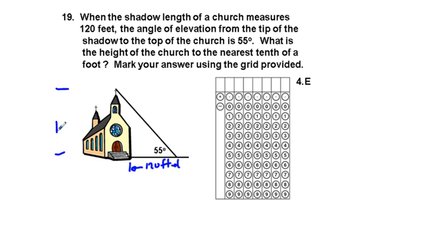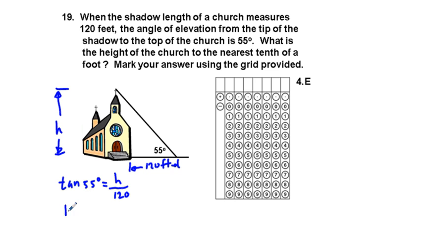So here's our height. Okay, what are we looking at? We're looking at tangent 55 degrees equals our height over, which is our opposite side, over our adjacent, which is 120.